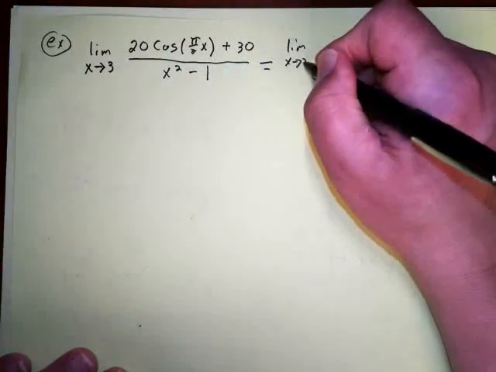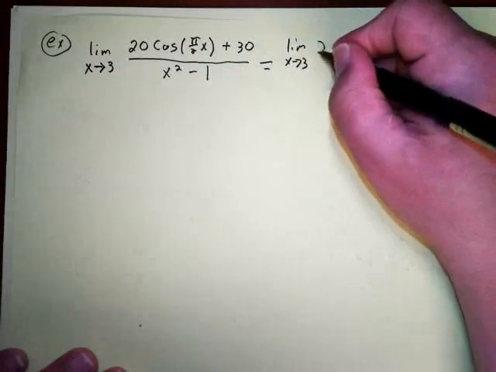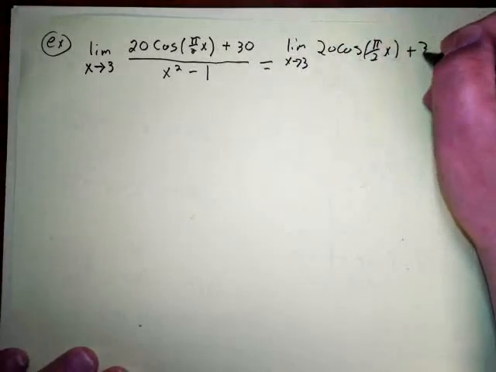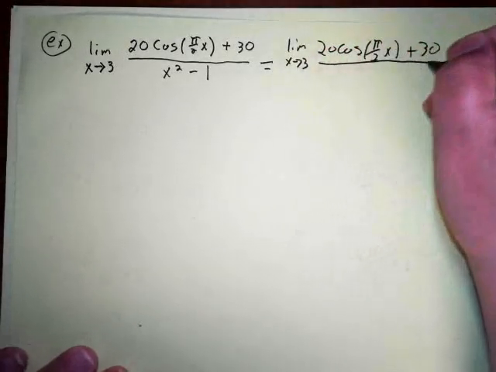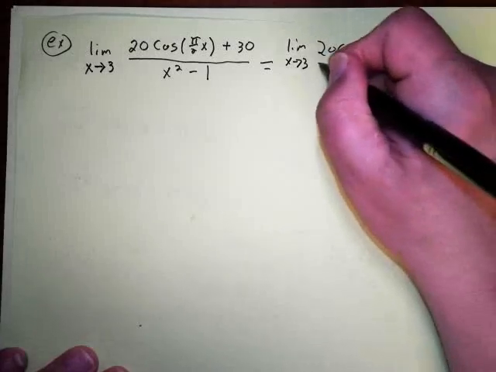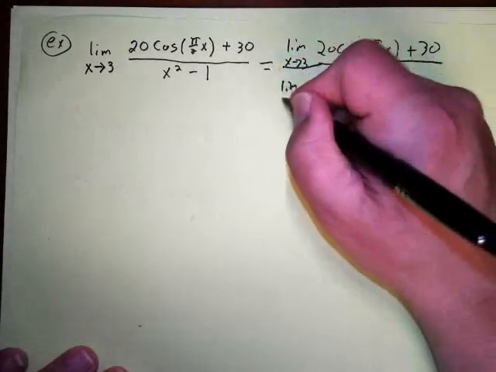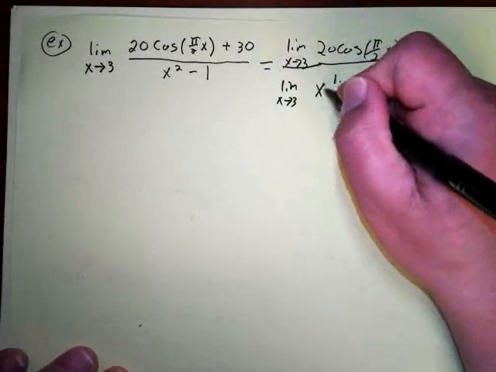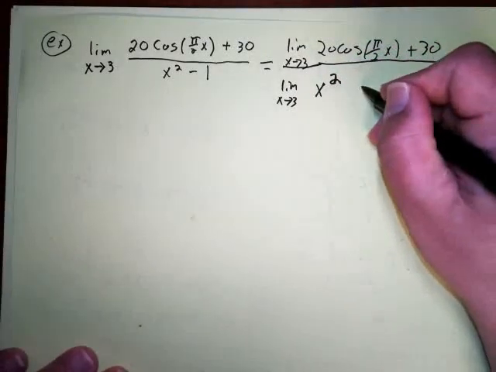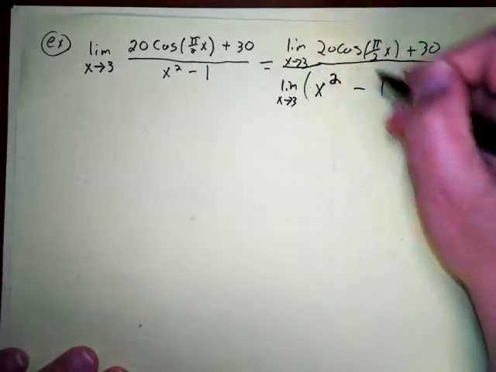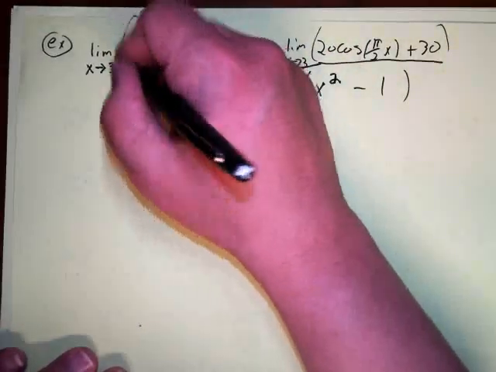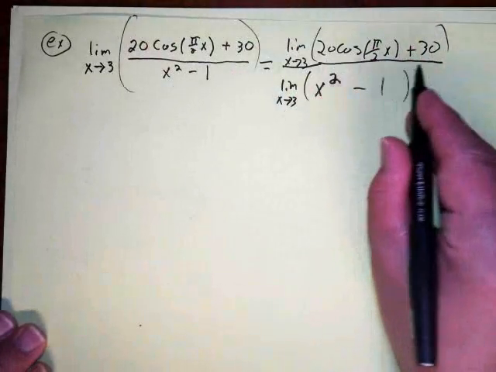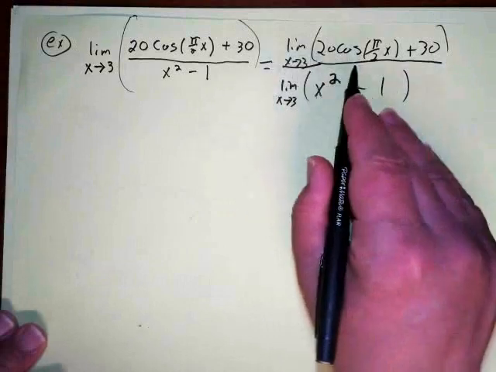So the limit as x approaches 3 of 20 cosine pi over 2 x plus 30, over the limit as x approaches 3 of x squared minus 1, right? So I'm taking the limit of the top and bottom using the quotient rule. You could break this apart and take the constant multiple out.